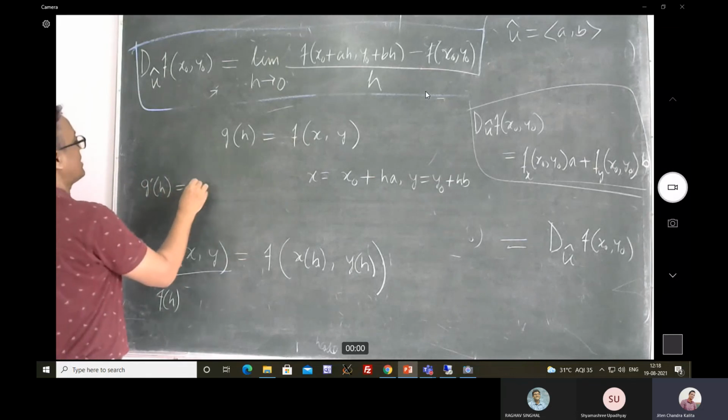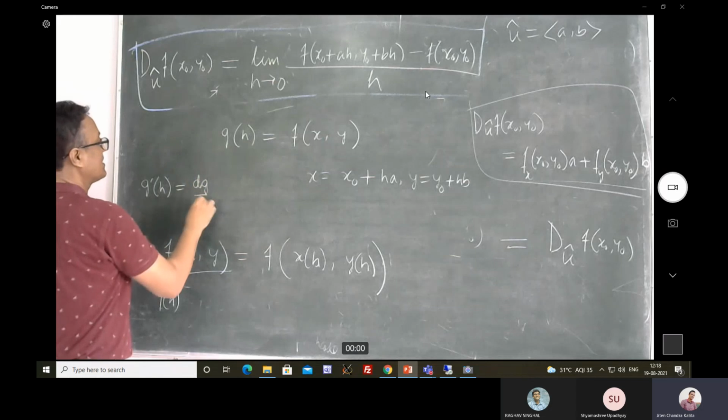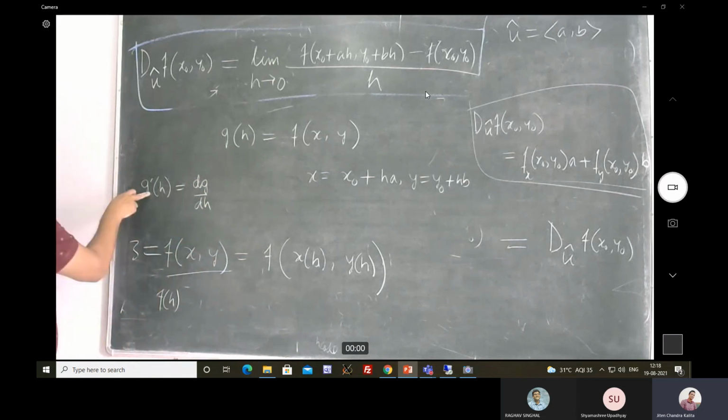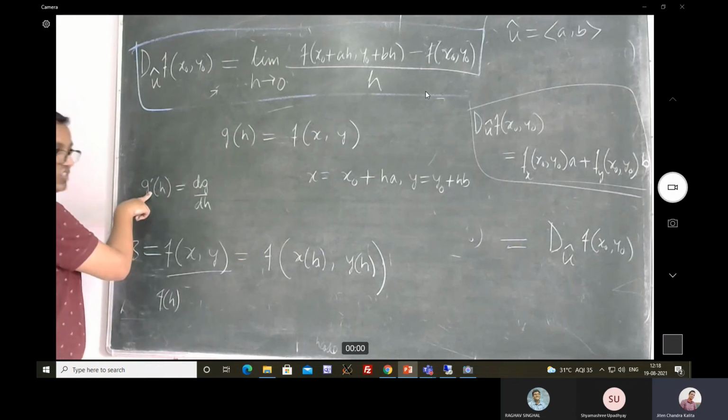G prime of h is simply dz/dh. Here it was something like that. Here j was g. Okay. Fine. Instead of j, we have written g.